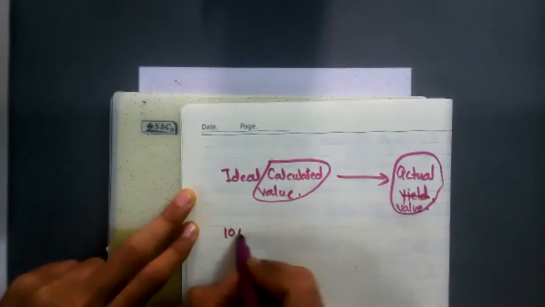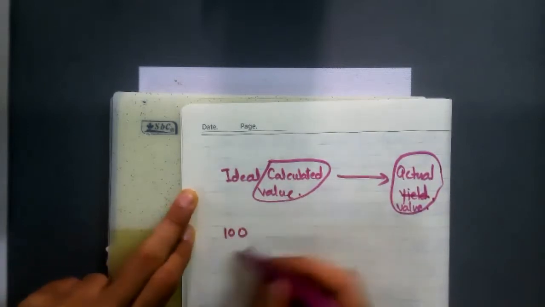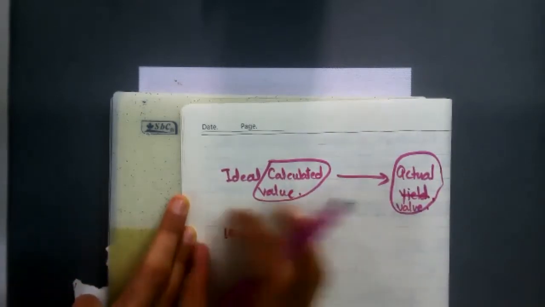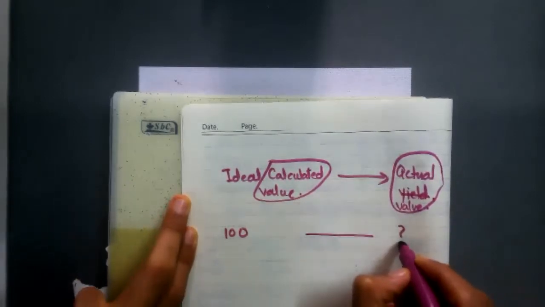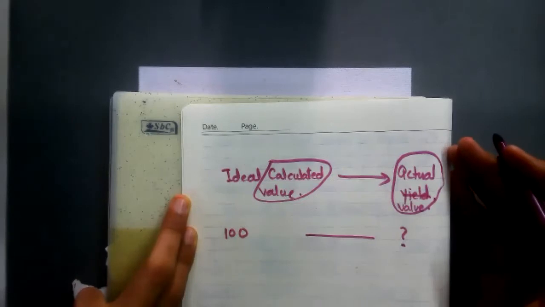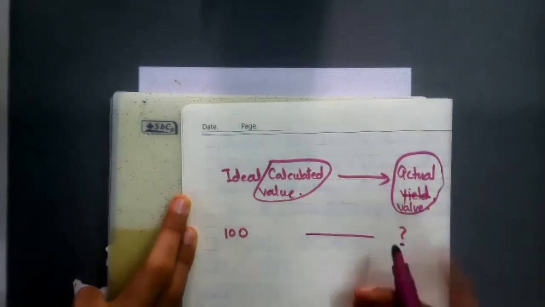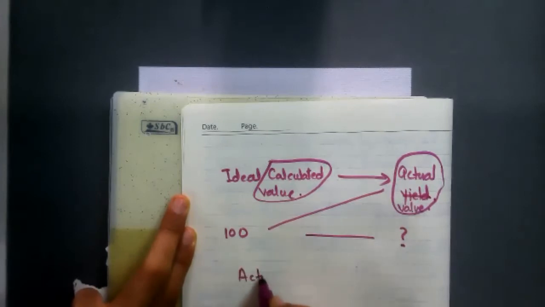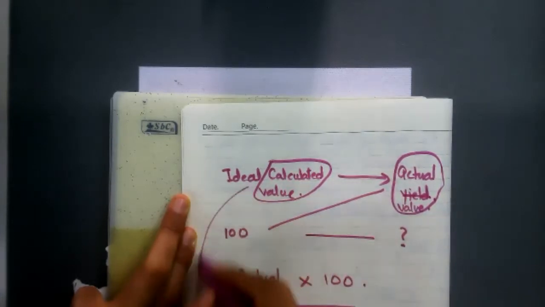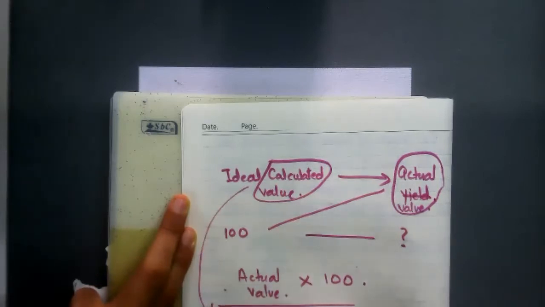Then out of 100, if you had 100 of anything, how much would you have got? Again, the ratio method: we cross multiply, so the actual mass of the product is multiplied by 100 and then divided by the calculated value.